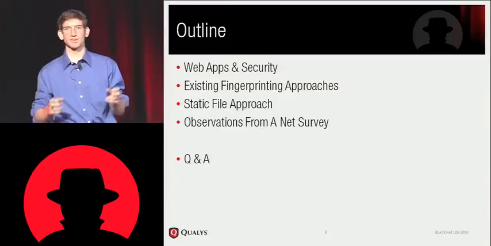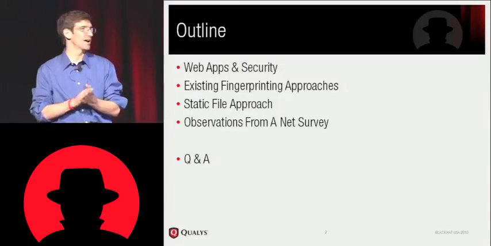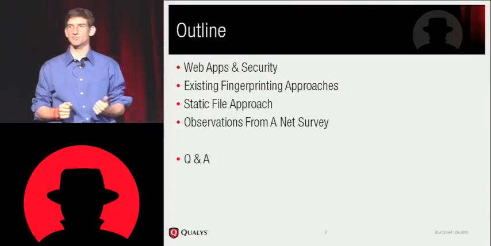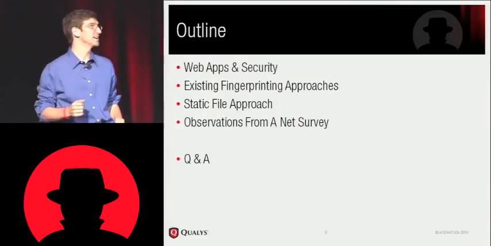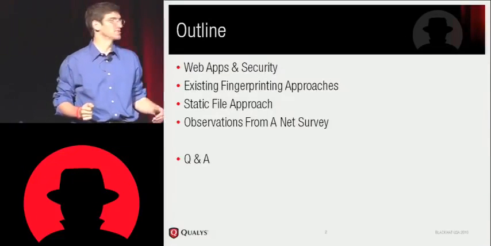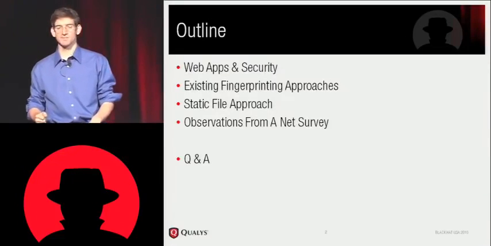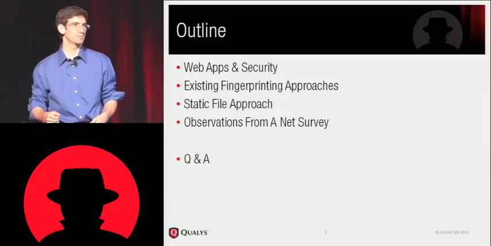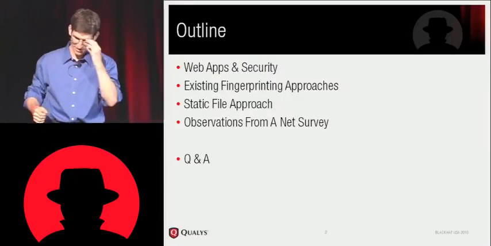I'll talk about some of the problems with those, some of the reasons why they didn't serve our needs, and then the static file approach, and take you through the details of how that's done. Then once we actually had a tool that does that, we said, all right, let's go out and use this tool, make some observations of the entire net and draw some conclusions about how people are actually doing with web application security.